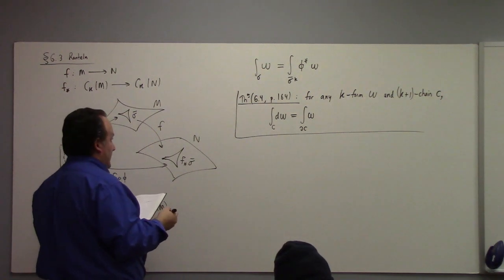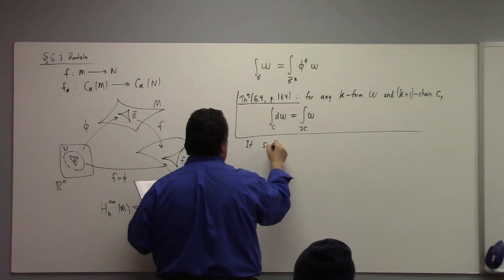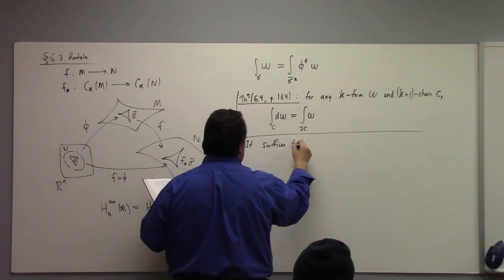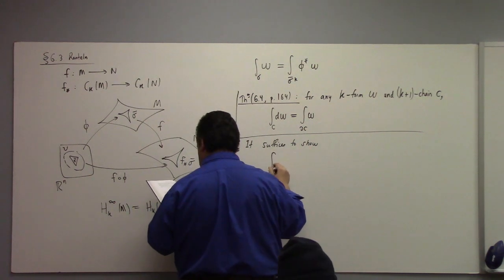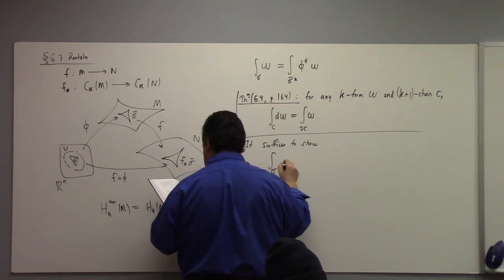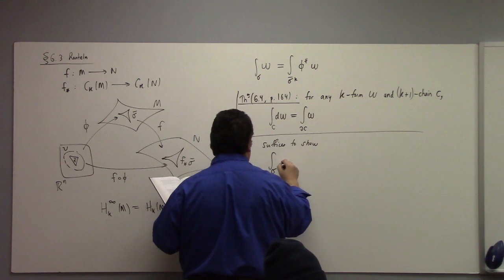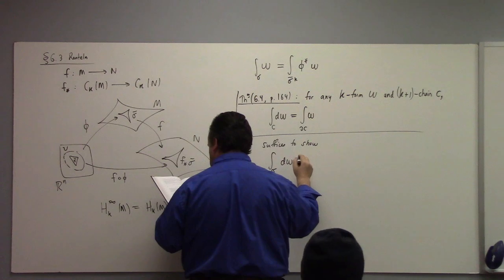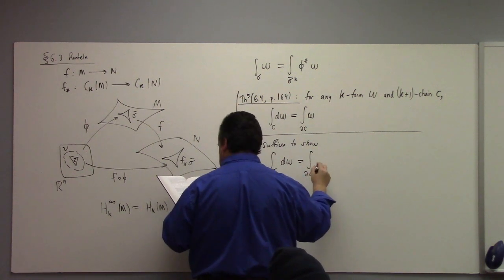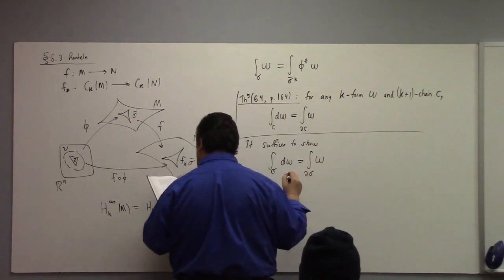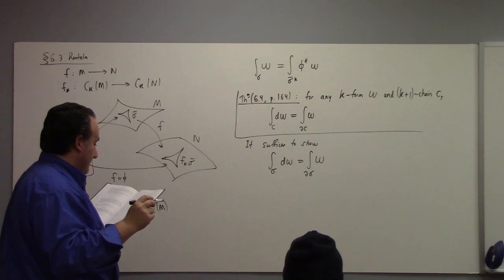So he says, by linearity, it suffices to show that the integral on a simplex, integral over sigma of d omega is equal to the integral over the boundary of the simplex of omega, I believe. Yeah, for some k plus 1 simplex sigma.